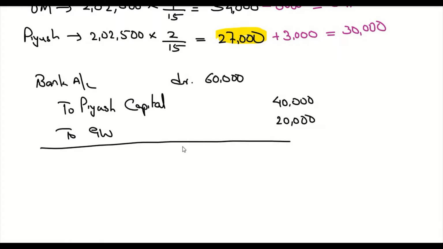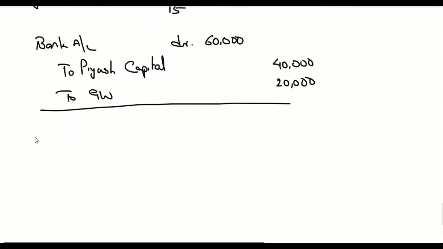The next journal entry is dividing this goodwill among the sacrificing partner. So premium for goodwill debit, which is 20,000.